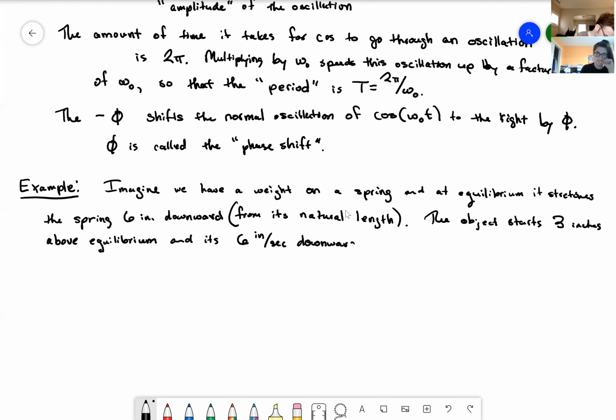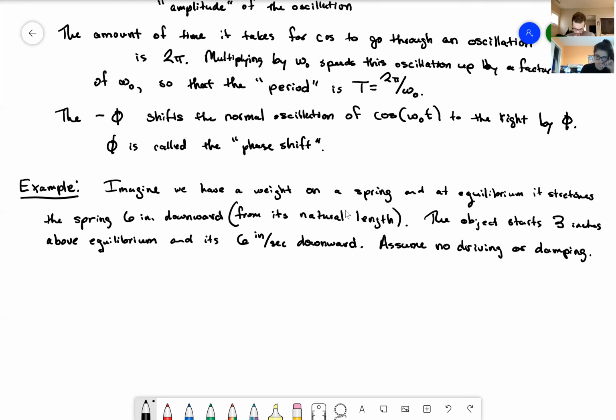It's got a negative velocity. Now we're going to assume that there's no driving force or damping force, so this is modeled by our undamped free motion, or simple harmonic motion.